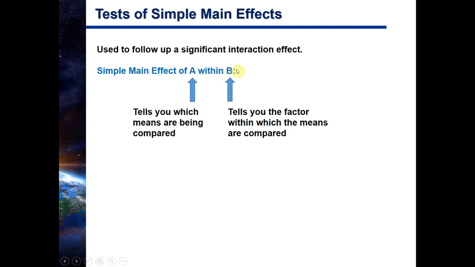And the second place here, that position, B, tells me the name of the factor where you're going to compare the means separately for each level. All right? So the way I expressed it here is I said this factor here tells you the factor within which the means are compared. Let me give you an example, and I think this will help.